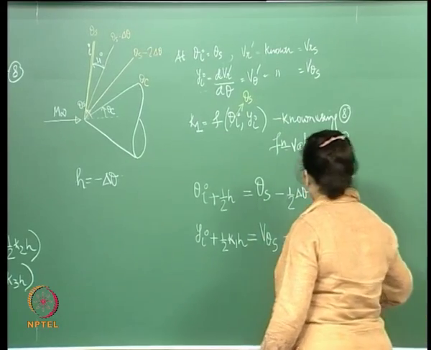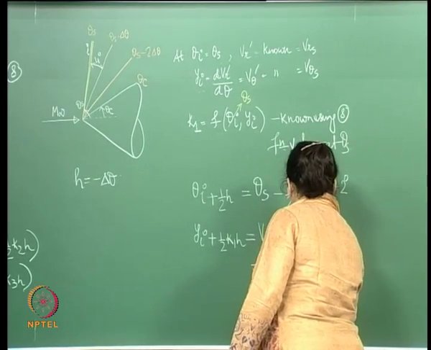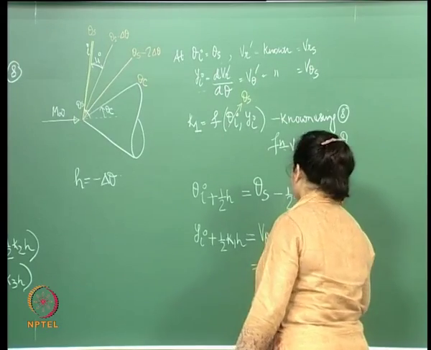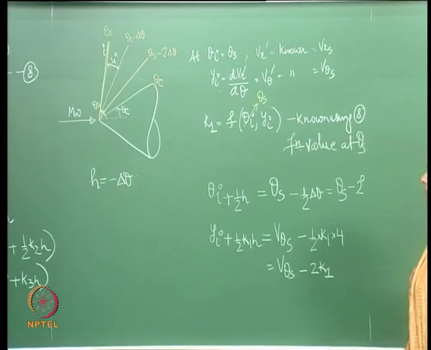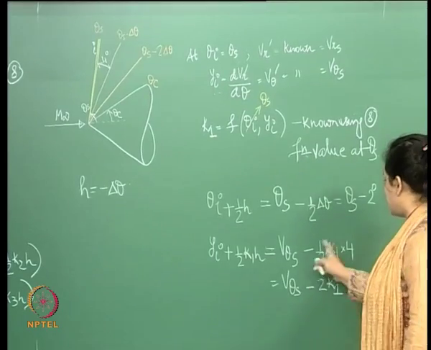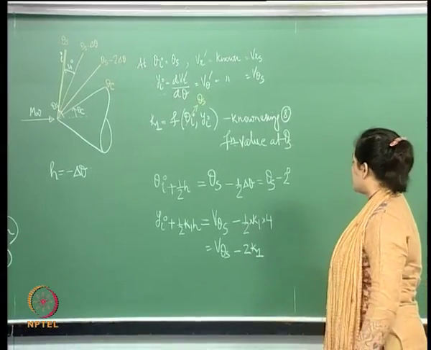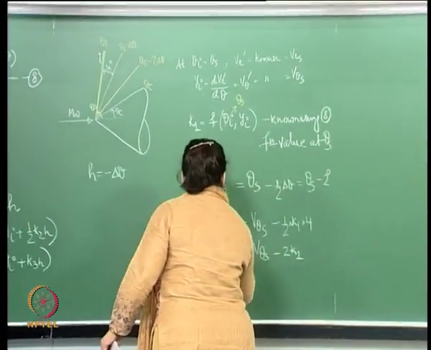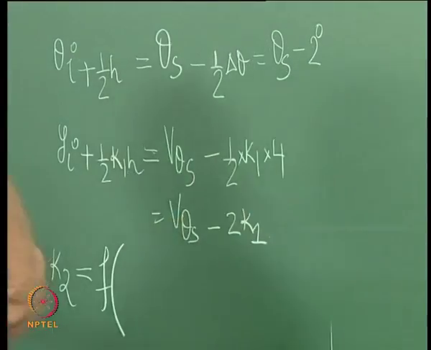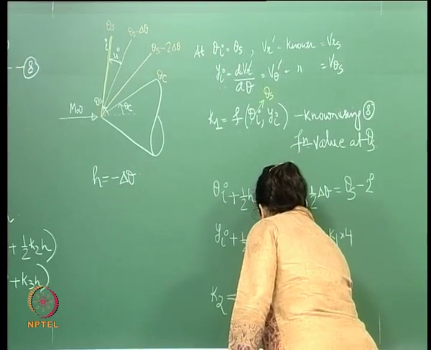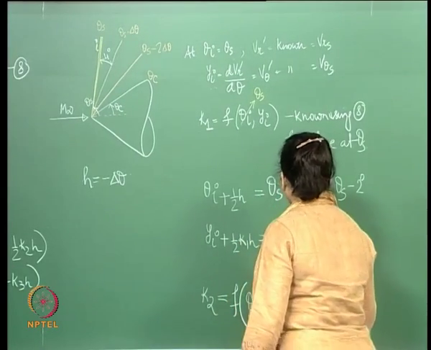So we can write this as yi plus half k1 h, right, yi plus half k1 h is this. Now what we need is essentially the function value, which is k2. So for k2 we need the function at theta s minus 2 degrees, and the y value.